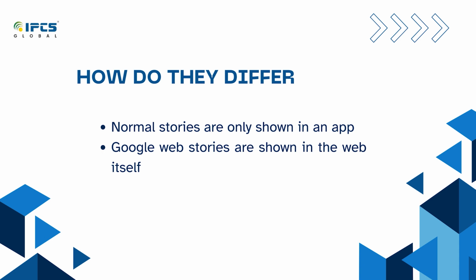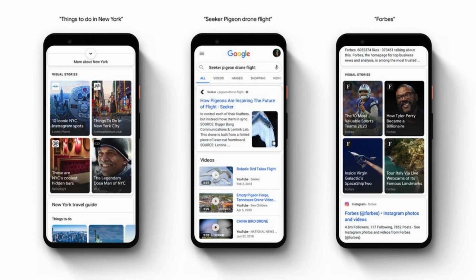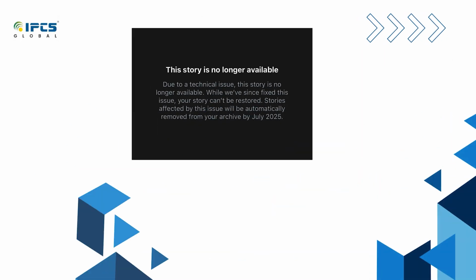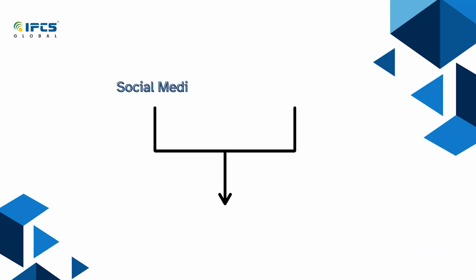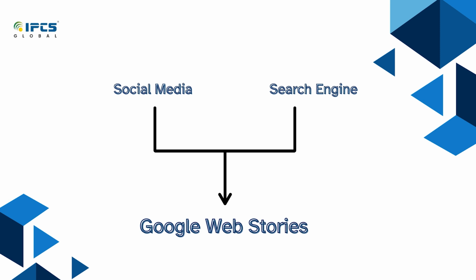But Google Web Stories is out there on the web itself, which means people can find them on Google search, Discover, or even on Google Images. Unlike WhatsApp or Instagram stories, they don't disappear after 24 hours. So, in short, Google Web Stories combine the best of social media and search engine.